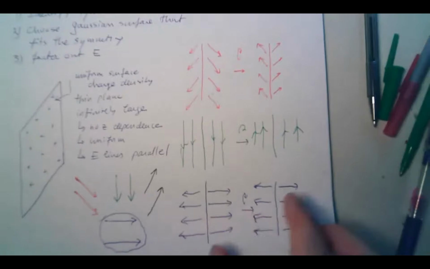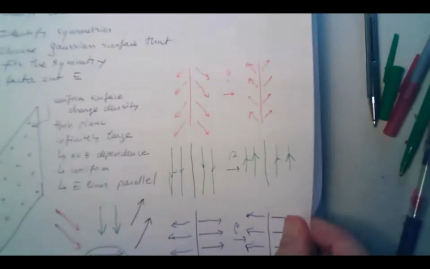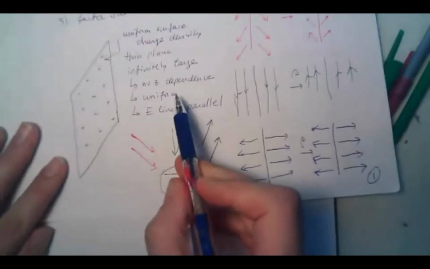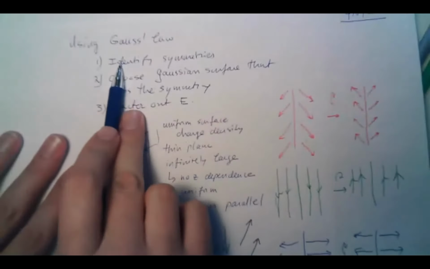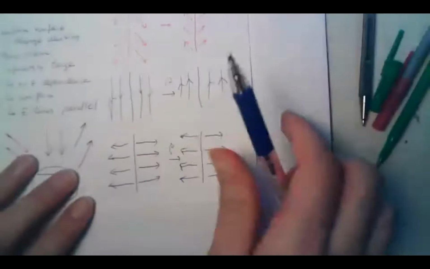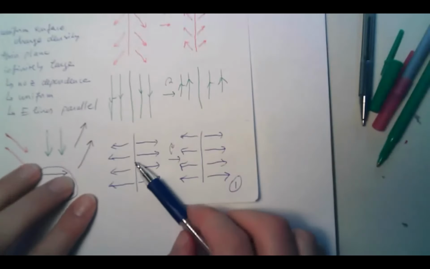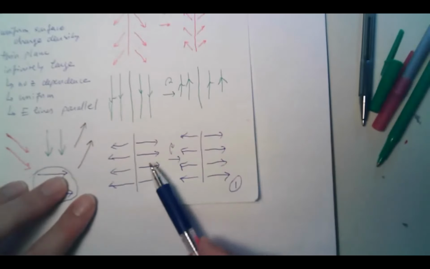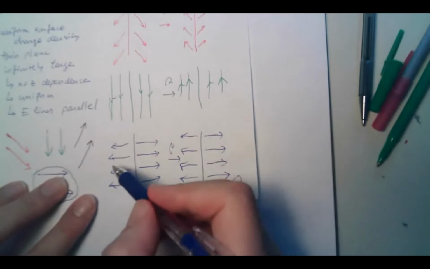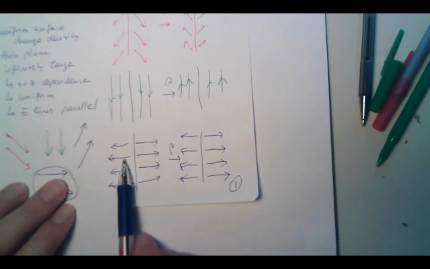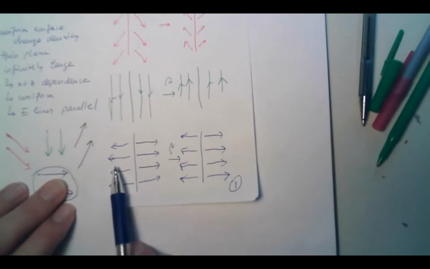All right, now that's step 1 in applying Gauss's law, right? So we have identified the symmetries, and now we've got to choose a Gaussian surface that fits with the symmetry. The Gaussian surface needs to have an inside and an outside, so it's a hollow thing, and we need to figure out a way in which the flux going through surfaces is either constant or 0.